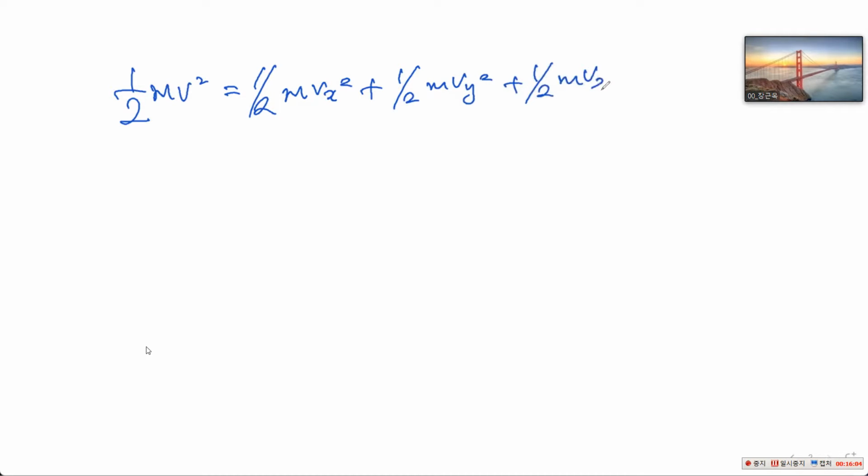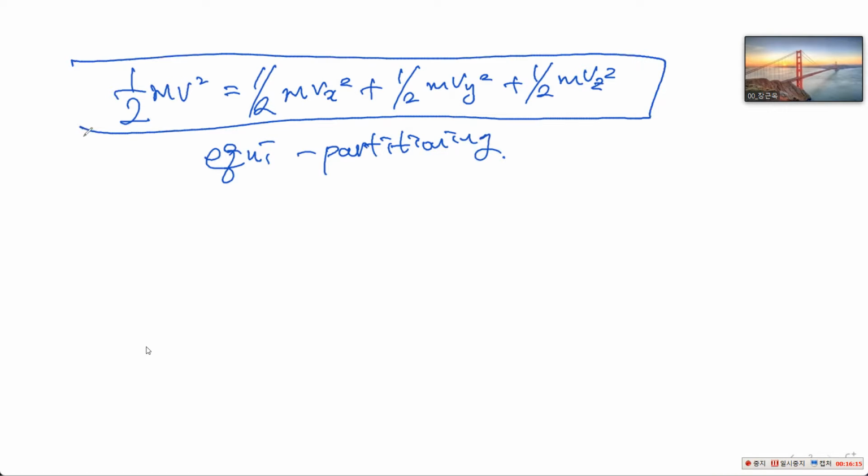In 3D, we will assume the equipartitioning, or partitioning, both ways represent the same thing. Then what is equipartitioning? It means we can write it this way. Then that means it is partitioning. So in other words, we can say Vx squared, Vy squared, Vz squared are most likely equal.